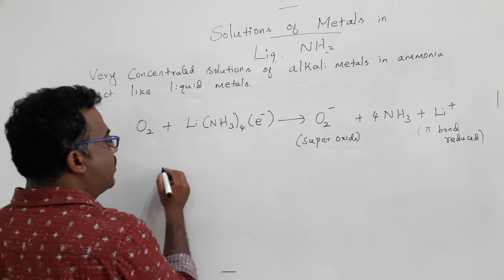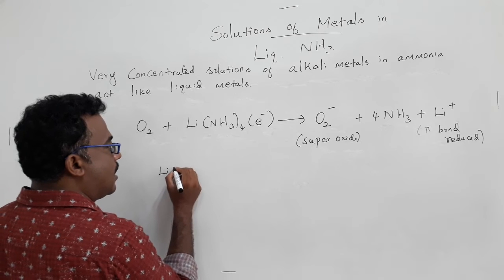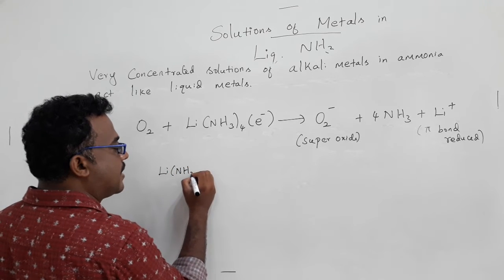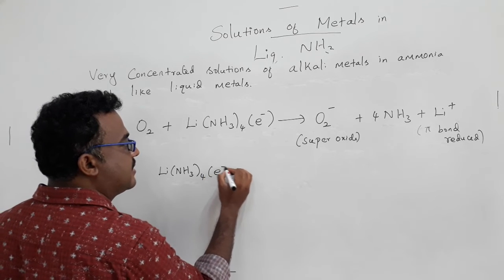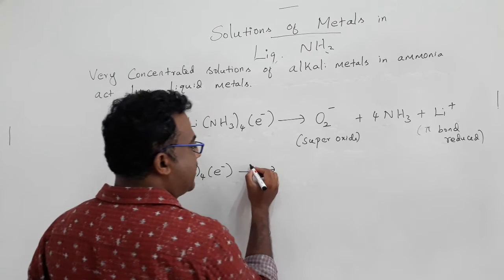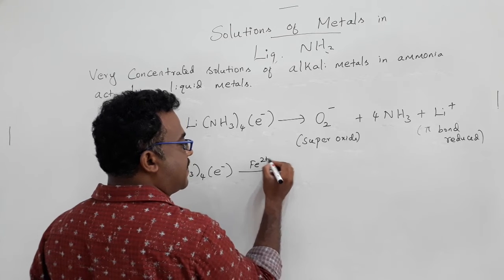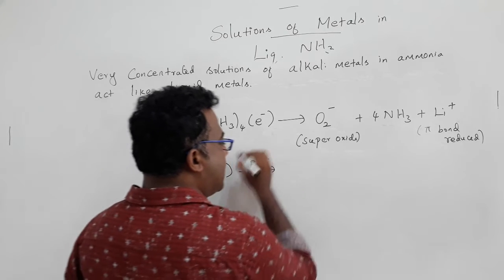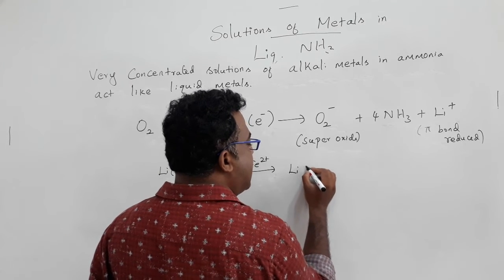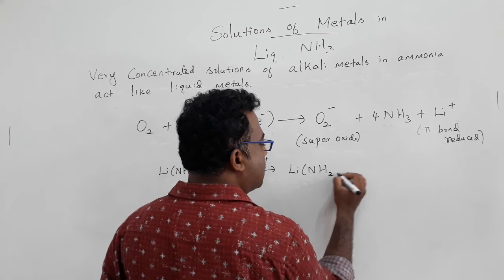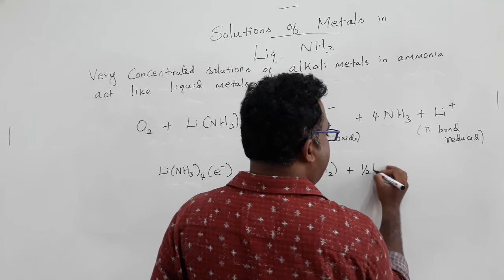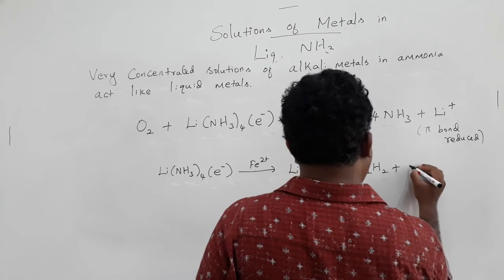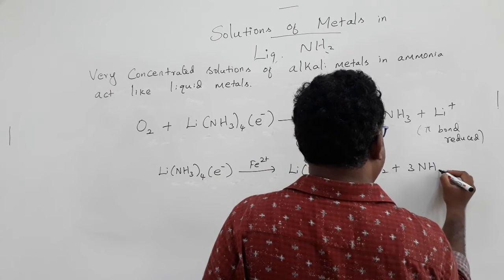This lithium ammoniate species is very sensitive towards catalysts such as iron 2 plus or iron 3 plus. If you react this with iron 2 plus, for example ferrous chloride, what will happen? Immediately there will be a formation of lithium amide, plus evolution of hydrogen gas and ammonia molecules.